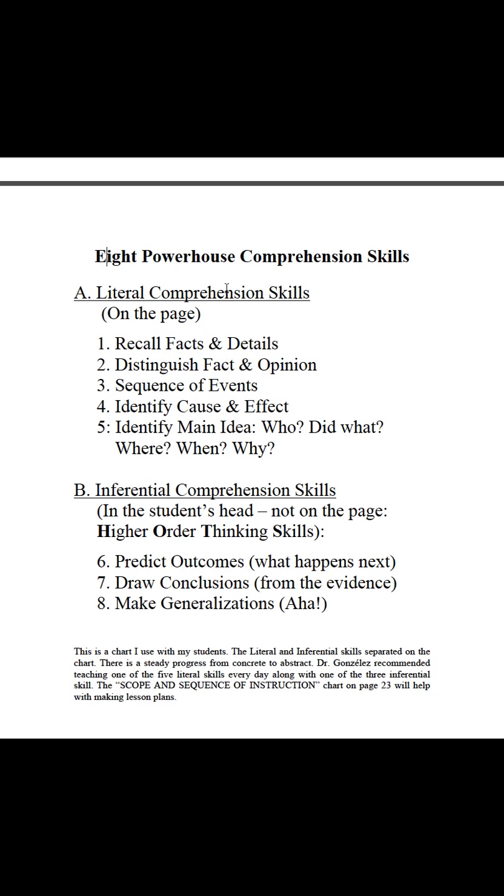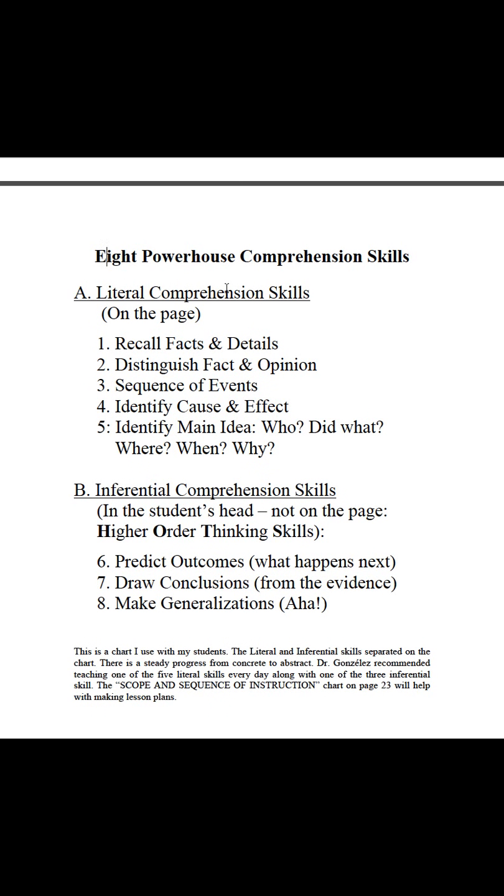Next is distinguishing fact from opinion. Now that you've got the facts and details, you look at them and decide if it's a fact or an opinion. If it's a fact, you raise your right hand, and if it's an opinion, you raise your left hand.